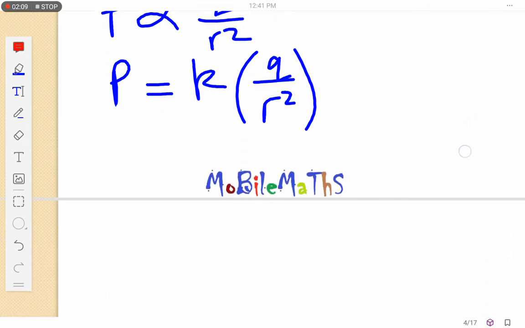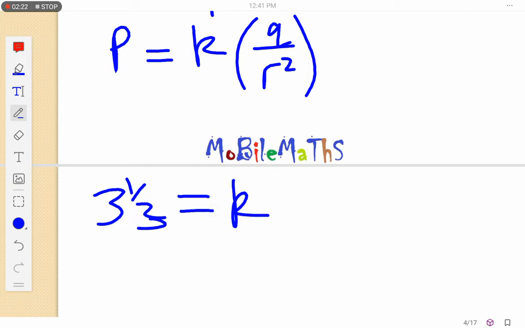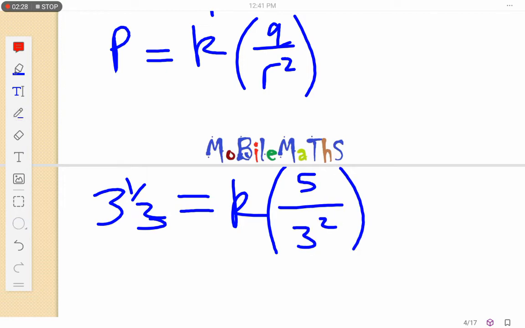If we substitute into our equation, P is 3 1/3, sorry, is equal to K, Q is 5 over R is 3 squared. Let's simplify.